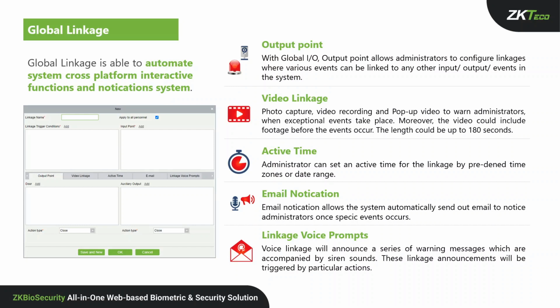All of this is available in our global linkage. The advantage is that instead of wiring all 10 controllers, for example, you can do the wiring for only one controller, and then do global settings from different controllers. So there's no need for too much wiring.